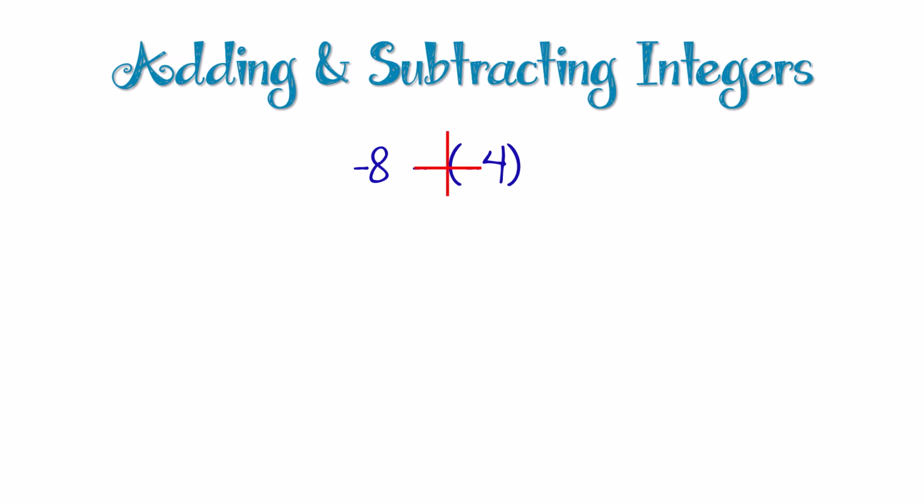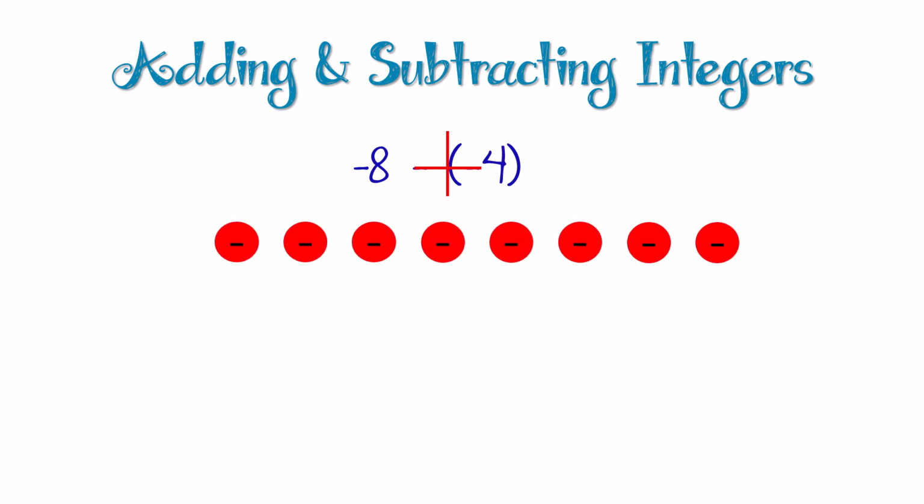So really what we have is the problem negative 8, which are 8 negatives, and 4 positives. And so if you remember, when we have some positives and negatives, we've got some that cancel out. So we've got 4 pairs that will cancel out, leaving us with 4 negatives remaining. So the final answer is negative 4.